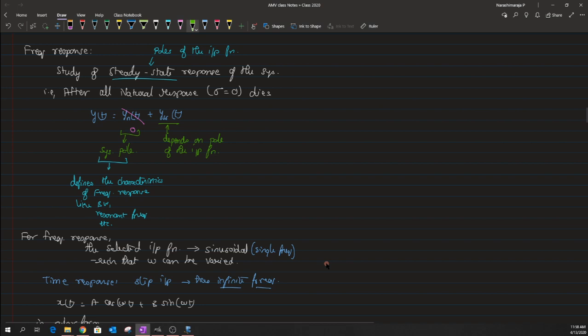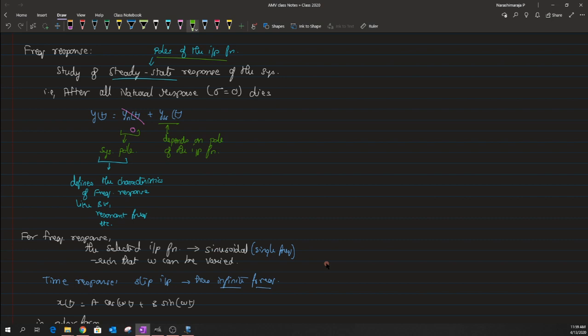In the case of the frequency response, we'll be studying the steady state response of the LTI system. As we know, in general the steady state response is basically defined by the poles of the input function rather than the poles of the system.